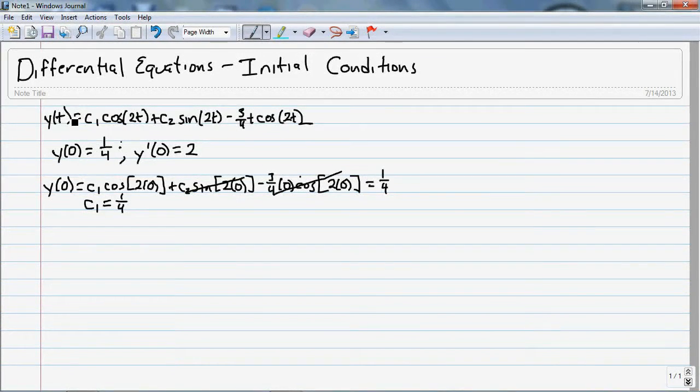Now I need to take the derivative of my solution, and I've already taken that derivative, so I'm going to let you do this on your time. Let me just show the derivative before I put the 0 in.